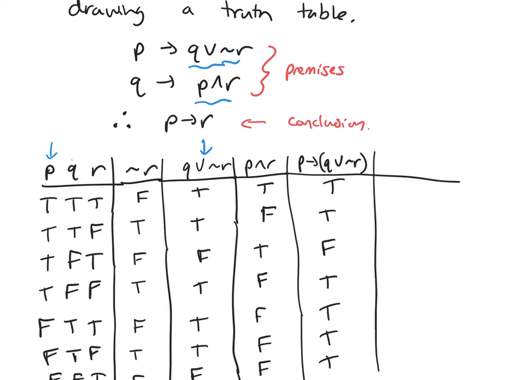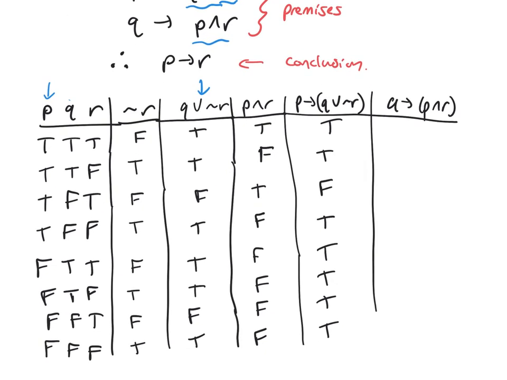Now let's make our second premise. If Q, then P and R. So now you're going to look at different columns. So we're going to look at if Q, then P and R. They're both true, so true.